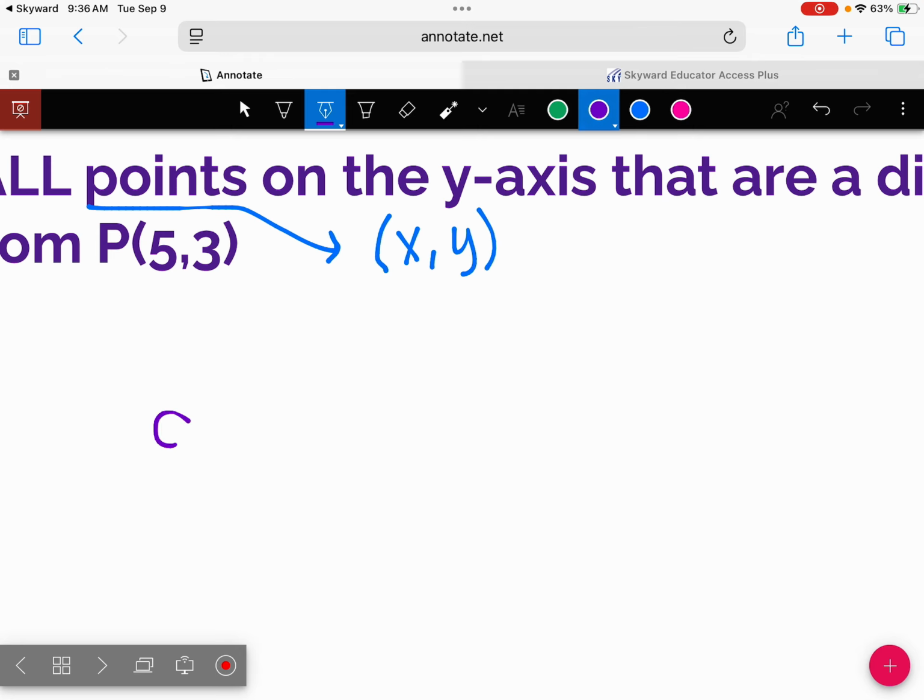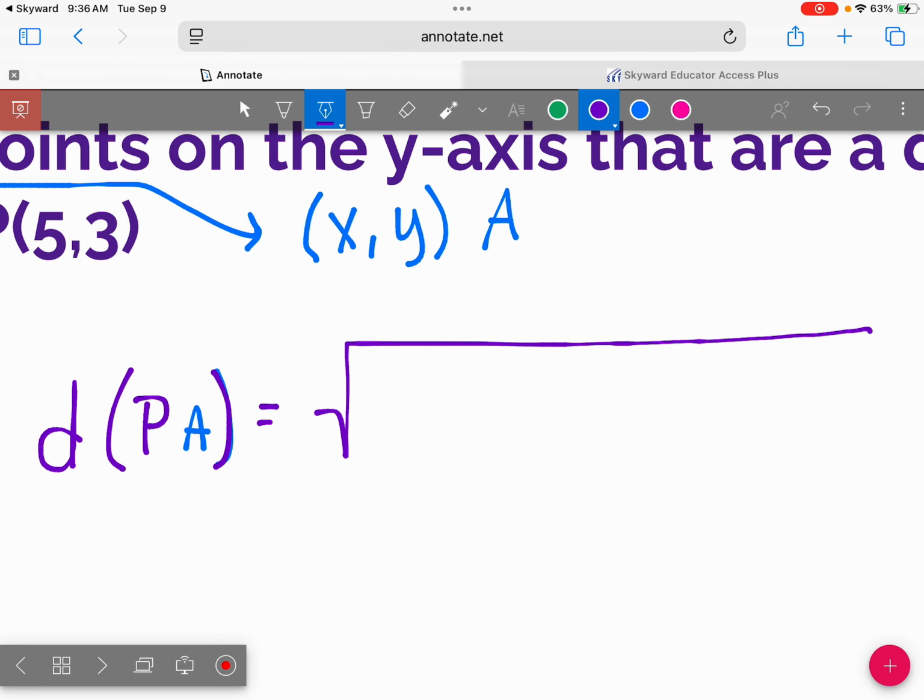So if I know my distance between point P and my anything, I'm going to call it A just so we have a name, we can find a distance for that. We've got a distance formula.